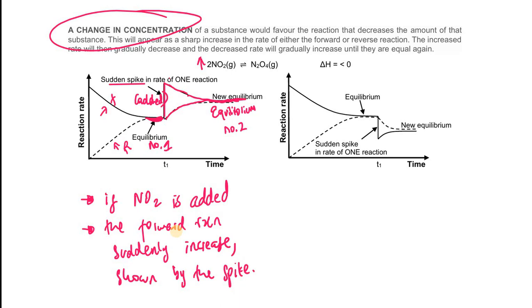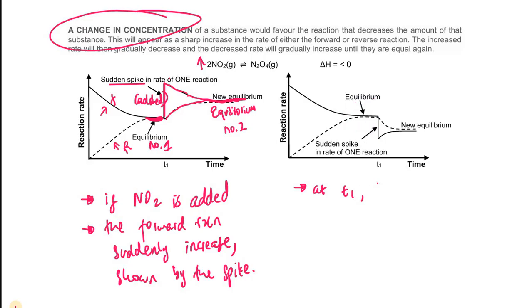You're going to see a sudden spike in the reaction rate graph. And then what if you remove this? If you remove this, you see a sudden drop in one of the reaction rates. Are you able to see that? At T1, we had reached equilibrium already.